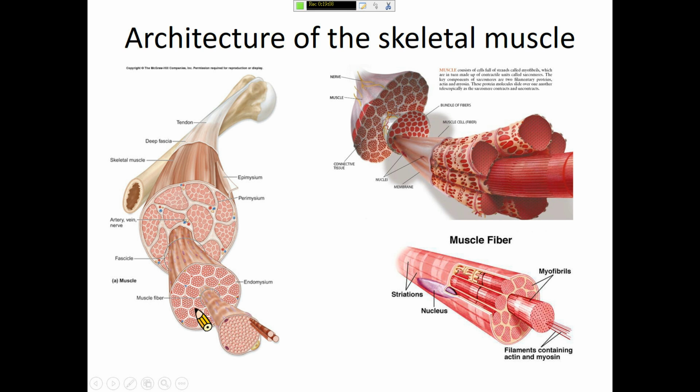But it looks similar. The pattern looks similar. So that's the difference. Okay? That's quite an interesting phenomenon.